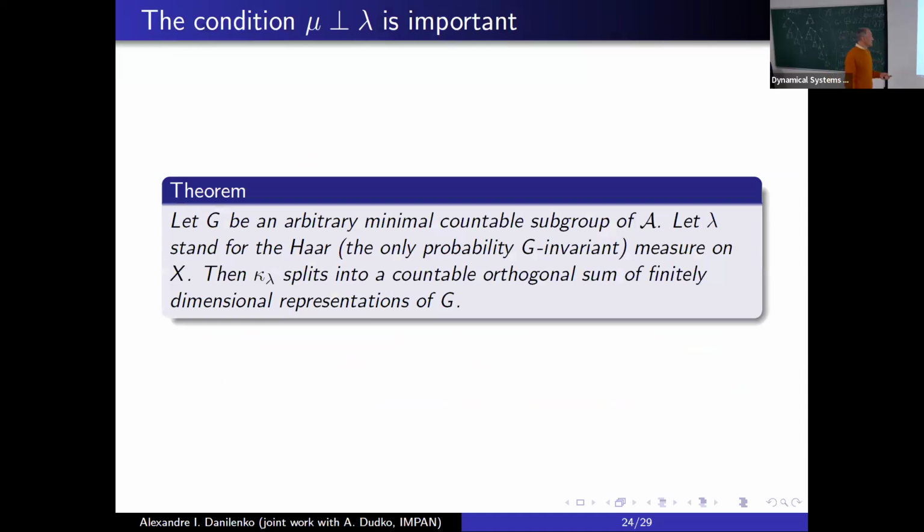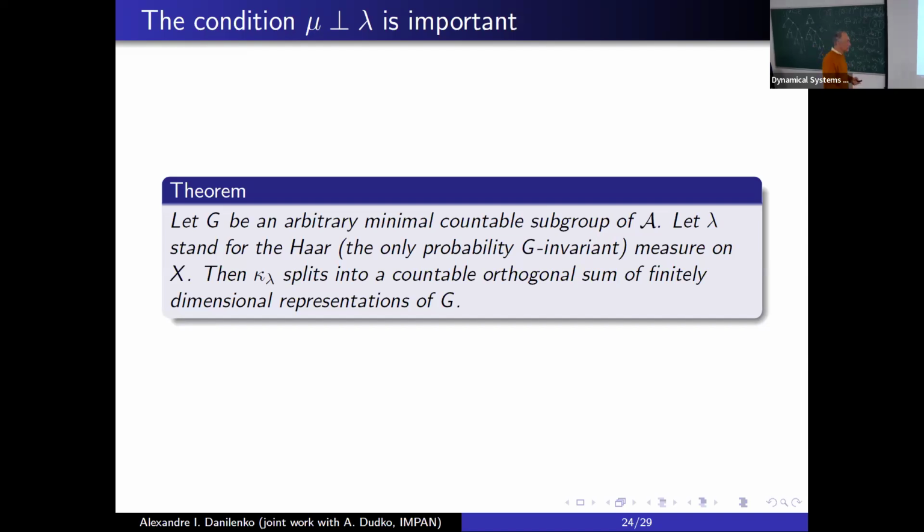Now we always assume that the measures we are interested in are orthogonal to the Haar measure. And why do we avoid the Haar measure lambda? Because G preserves lambda, and G is a subgroup in the group of all automorphisms, which is compact, and the whole group also preserves the Haar measure.